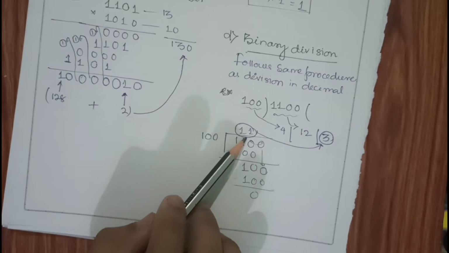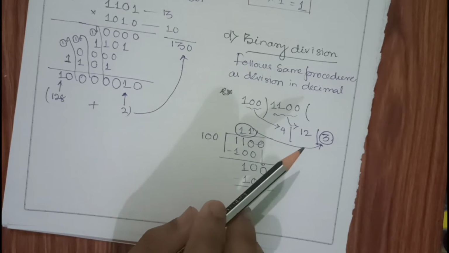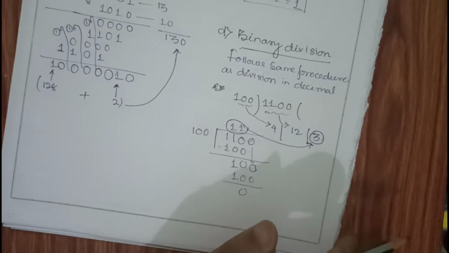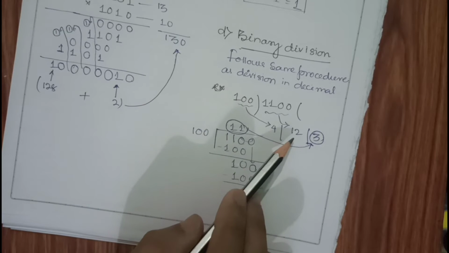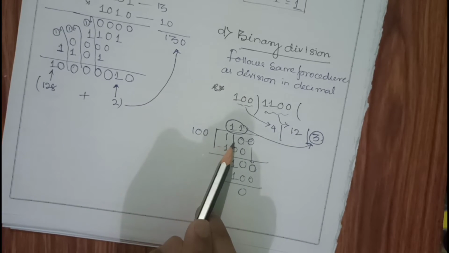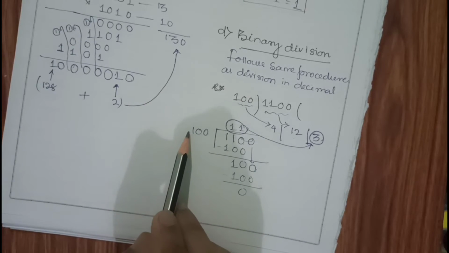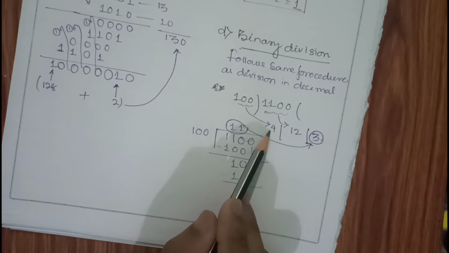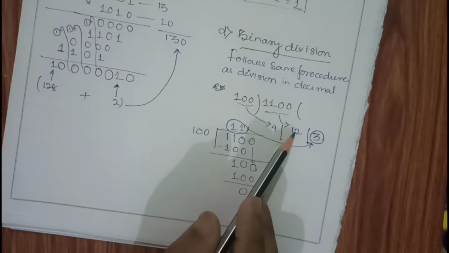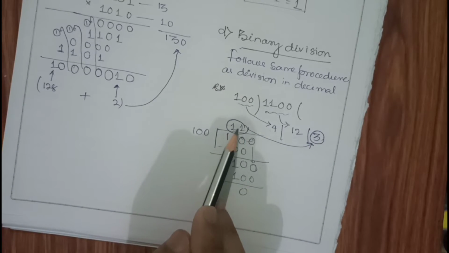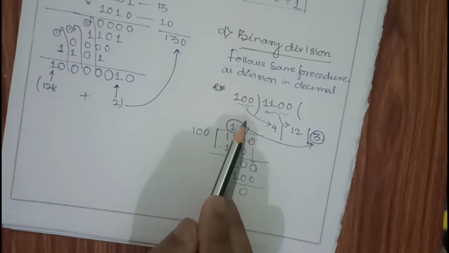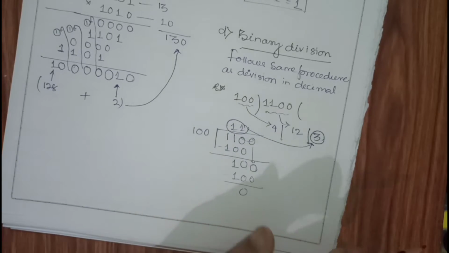Similarly, you convert those binary values into decimal, you check the values, you will get the same answer. Here I did like 1100 is nothing but 12. How? 8 plus 4 plus 0 plus 0 is nothing but 12. 100 is nothing but 4 plus 0 is nothing but 4. And if I divide 12 by 4, I get 3. And 3 means 1 1, means 2 power 1 plus 2 power 0. This will give me 1 1. Okay.